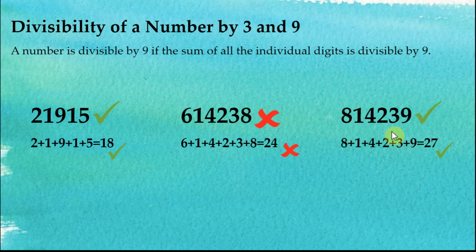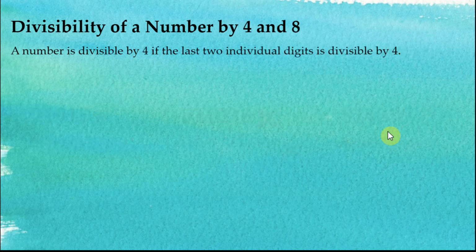So this is how we determine whether a number is divisible by 3 or 9. If the sum of the individual digits is divisible by 3 or 9, then this number is divisible by 3 or 9. Okay, so how about the divisibilities of a number by 4 and 8?